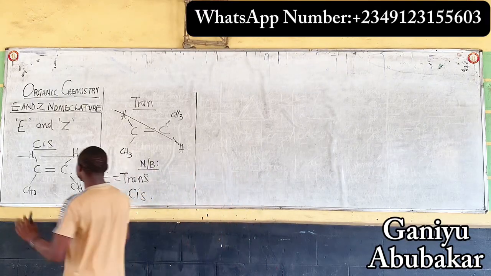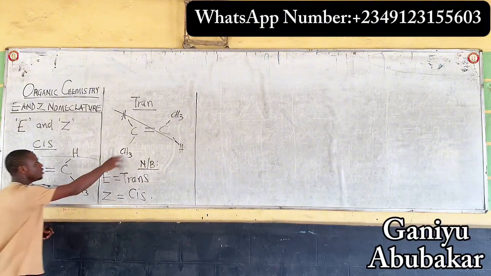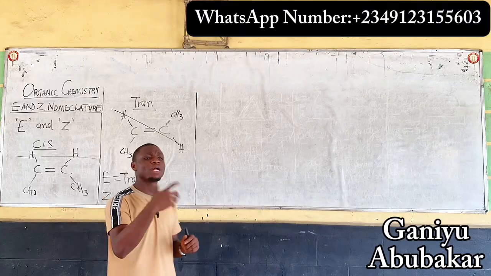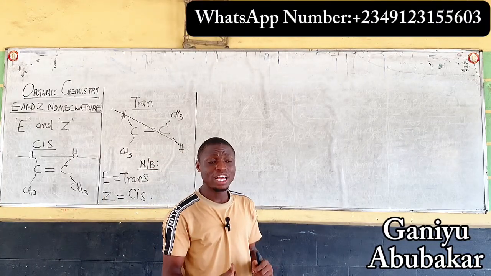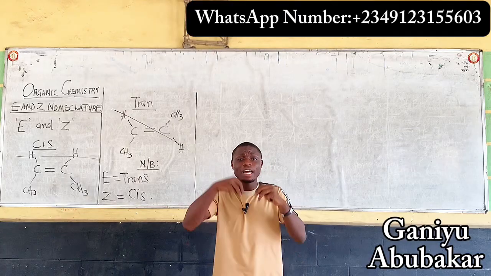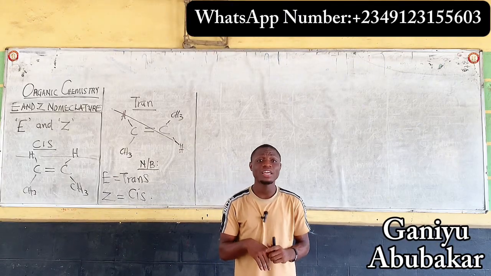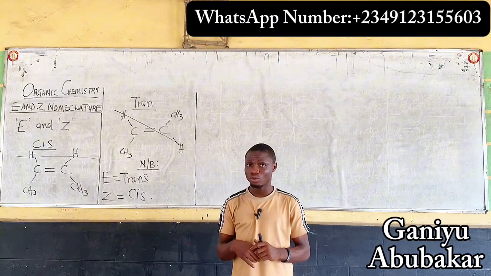I have shown you this one is a cis system. This one is a trans system. There's a kind of compound I will give you that you can't tell if they're cis or trans. Whenever you have a compound that you can't determine if it is cis or trans, it's because it is an E or a Z nomenclature.